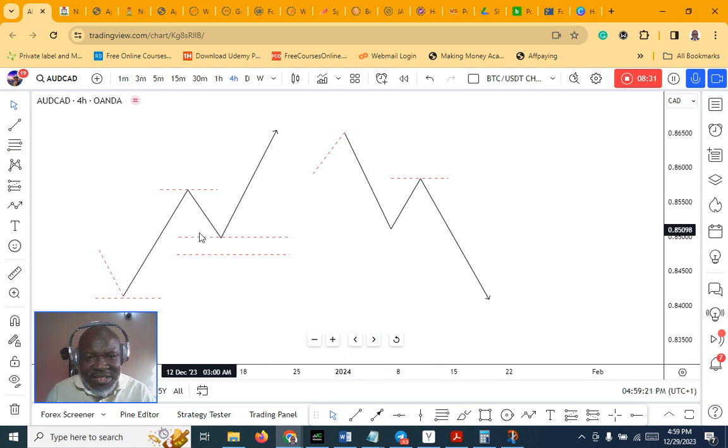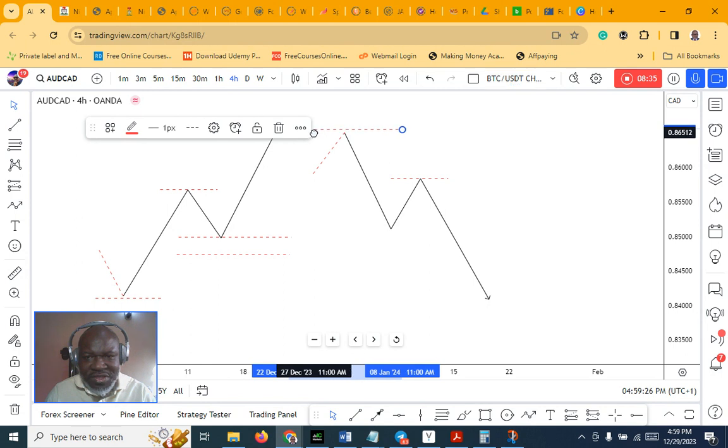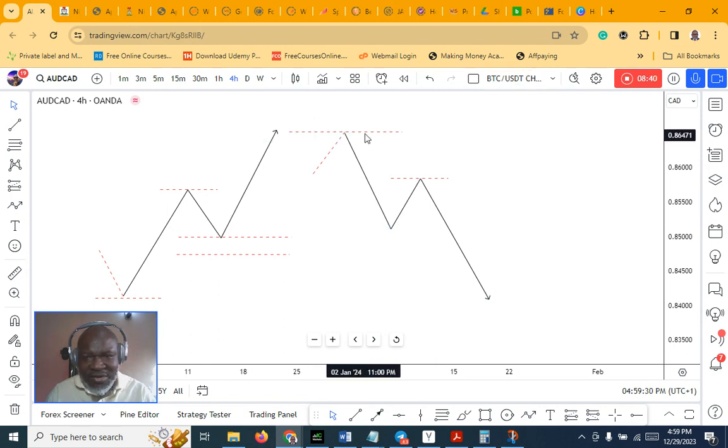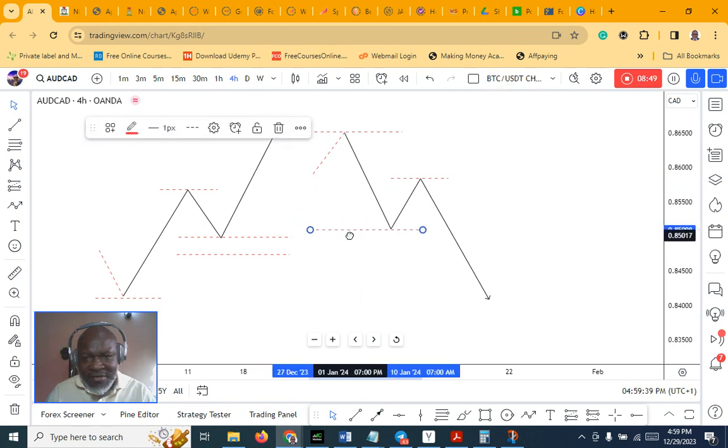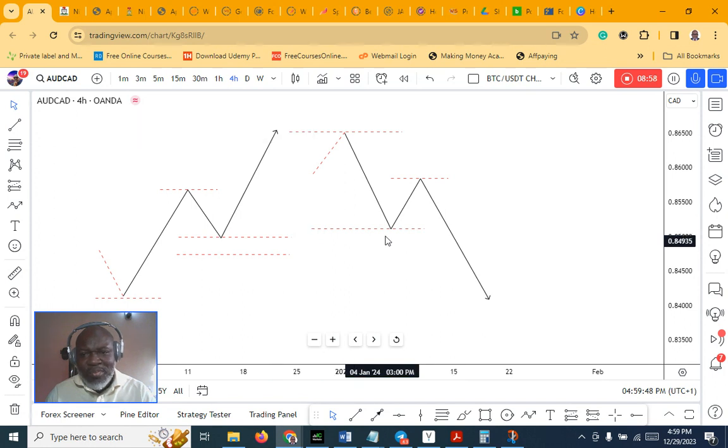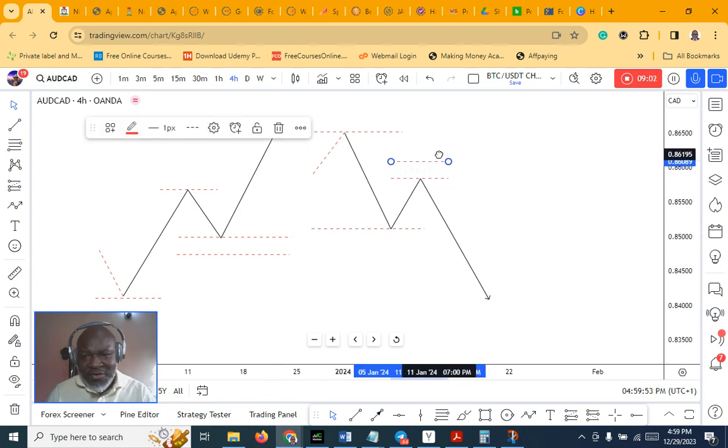So what that means is that your retracement tool will start from this level, that is the recent swing high, to the recent swing low, okay. So when you drag it from this point to this point, let me create another line, from the recent swing high to the next recent swing low, it will now plot two important levels for you, okay.